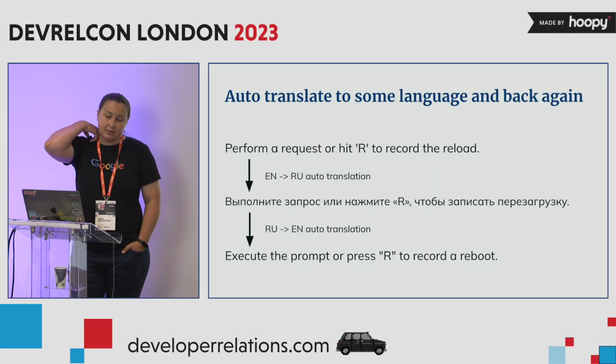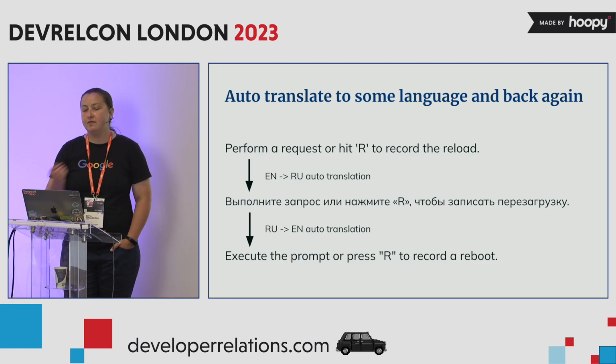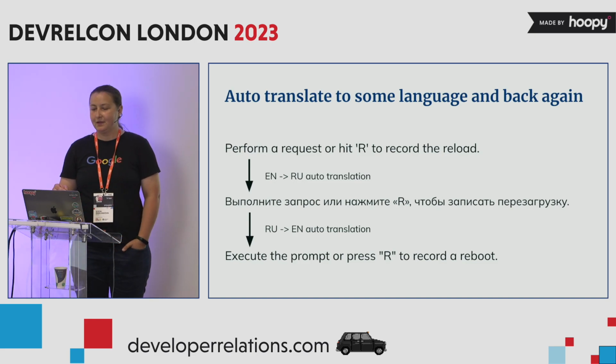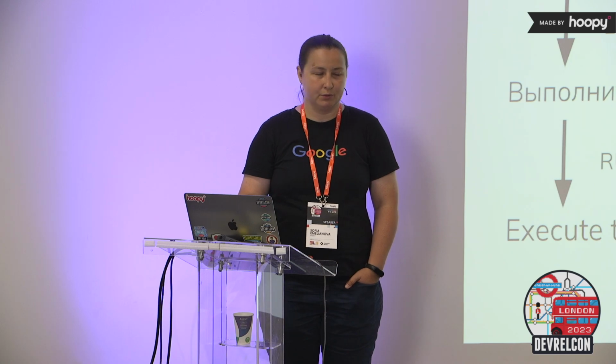And here's an innocent-looking sentence that I encountered in real world. If you translate it to any other language, doesn't matter what language, and then back to English again, its meaning gets twisted. The context is about sending network requests and reloading web pages, and it's not about executing prompts and rebooting the computer.